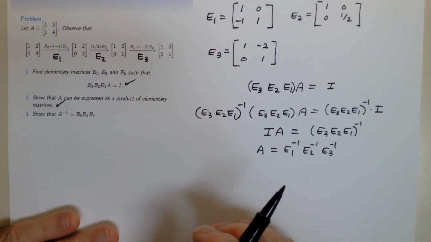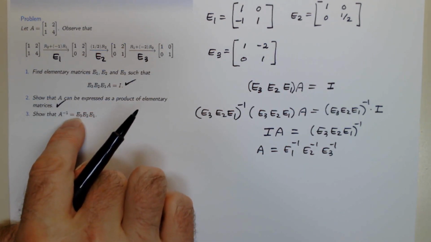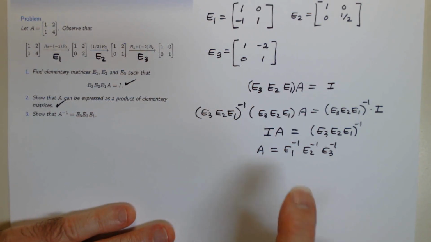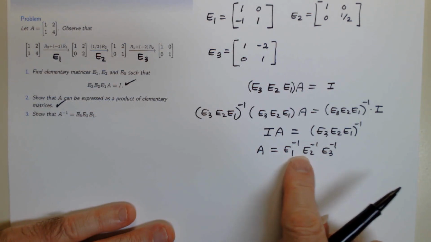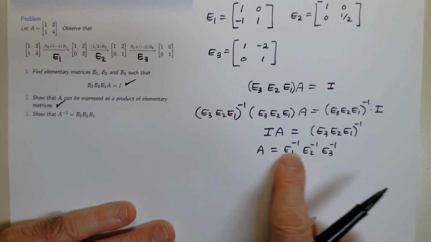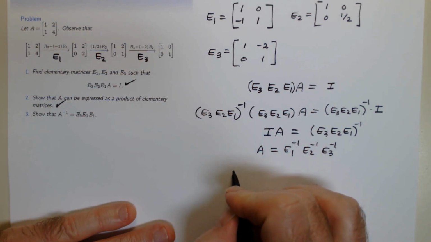Great. The last thing we have to show is that A inverse equals E3 times E2 times E1. Now, what do we know? We know that A is a product of elementary matrices, and that means it's a product of invertible matrices. And this in particular says that A is invertible.